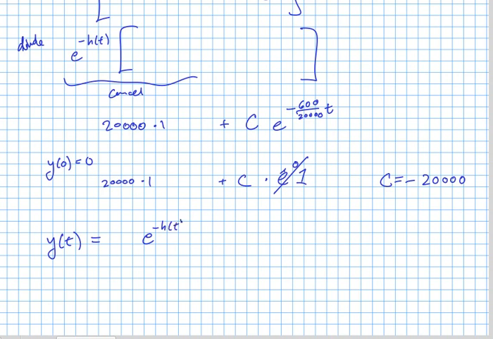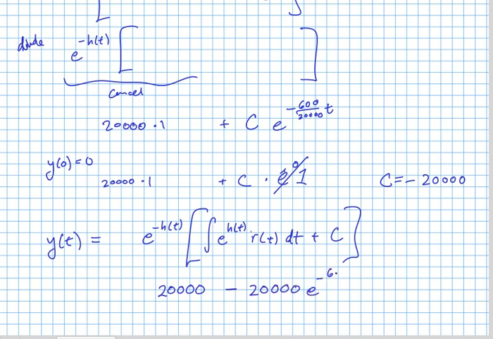We've got e to the minus h of t integral e to the h of t r of t dt plus a constant, and that's 20,000 minus 20,000 times e to the minus 600 over 20,000 t.